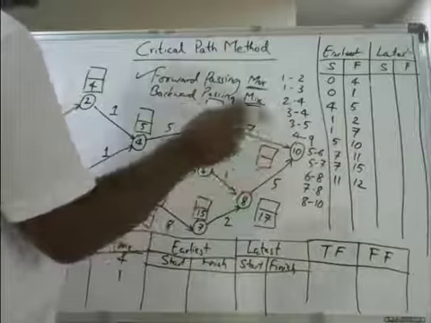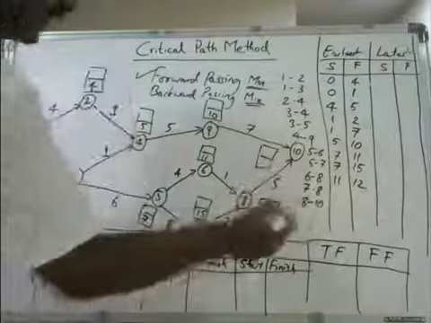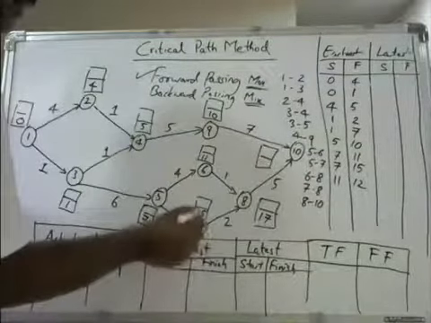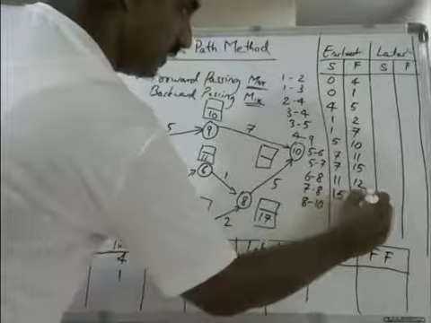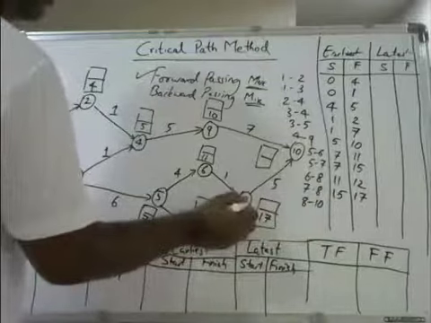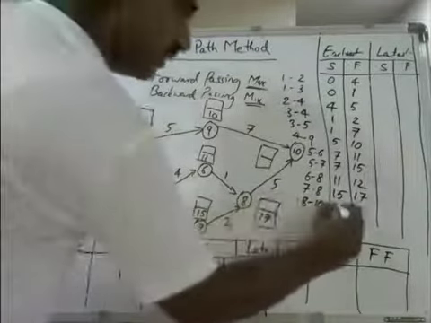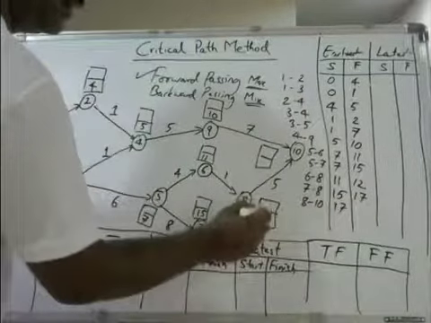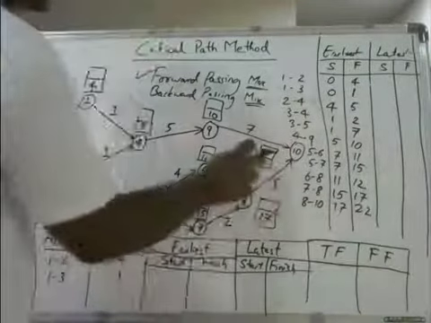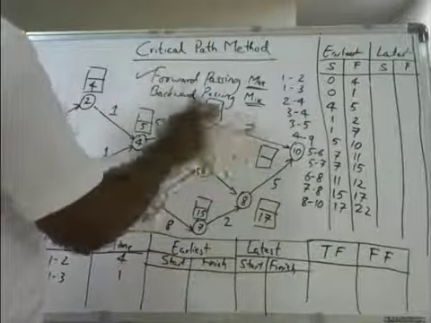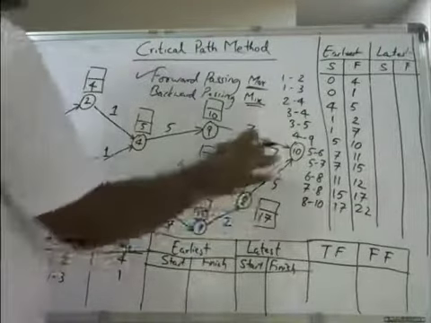Now, I need to take one more. 7 to 8 I have not written. So 7 to 8 is 15 at the start and 17 at the end. From 8 to 10, it is 17 from the start and 17 plus 5 is 22. I am not writing anything here because I will check this also. Whichever is maximum I will write here.